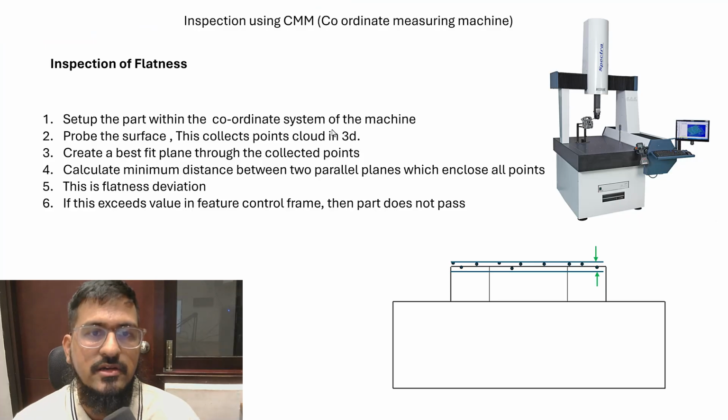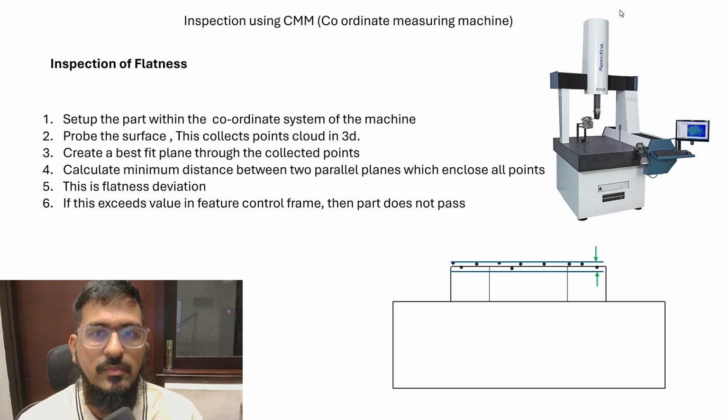To understand better, let us go through one of the inspection processes for inspecting flatness and parallelism. One way of doing it is using coordinate measuring machines. Coordinate measuring machines are a very common way of inspecting parts, especially in high volume production. It is a costly way of inspection, but it is more accurate as compared to other inspection processes. So what exactly is a coordinate measuring machine?